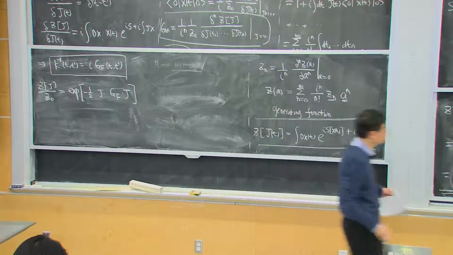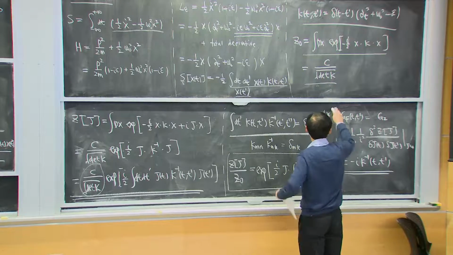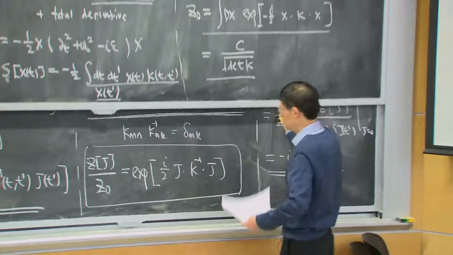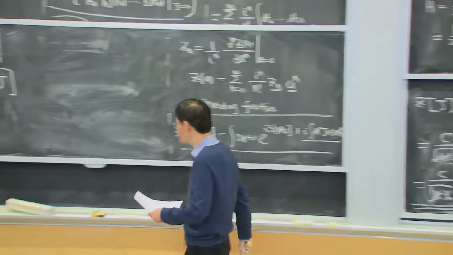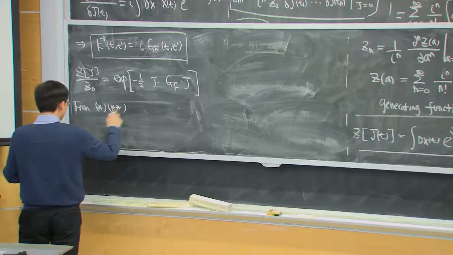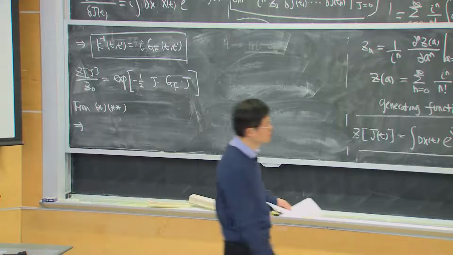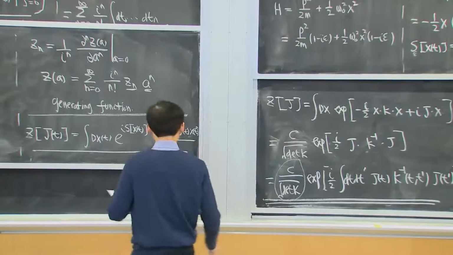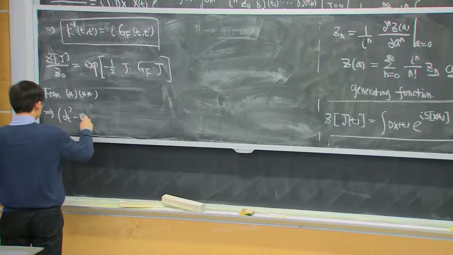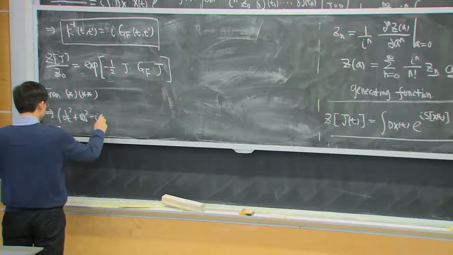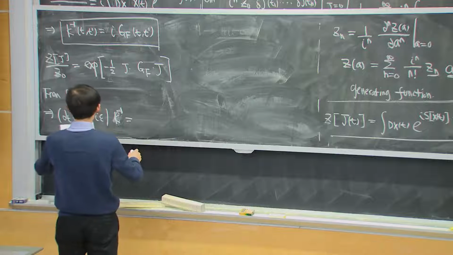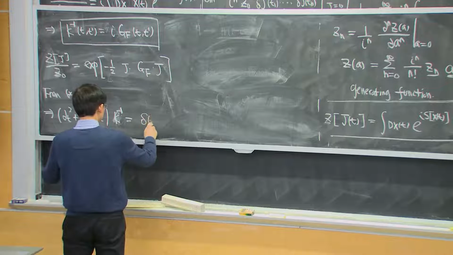so from this equation, let me call this equation star, and this equation star star. From equations star and star star, we find that K minus 1 should satisfy the following equation: partial t squared minus omega 0 squared plus i epsilon, acting on G_F, equal to delta of t minus t prime.